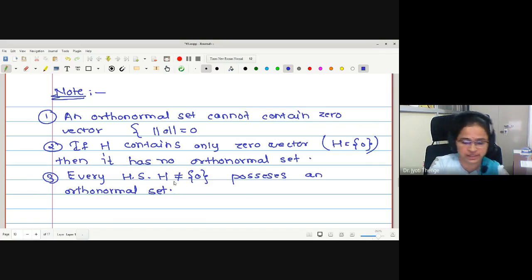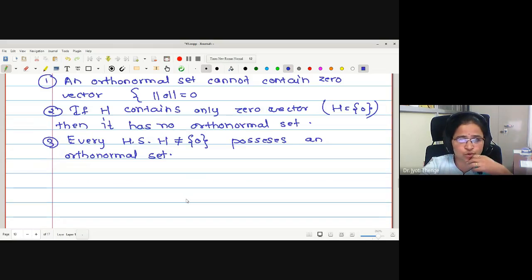Correct now? These may be the important points, important tricks for your multiple choice. If your exam is online, then these tricks are going to help you. Now, what does this third note actually mean?